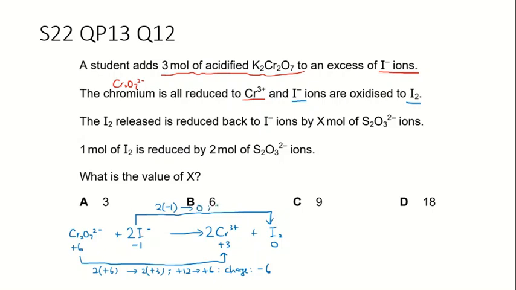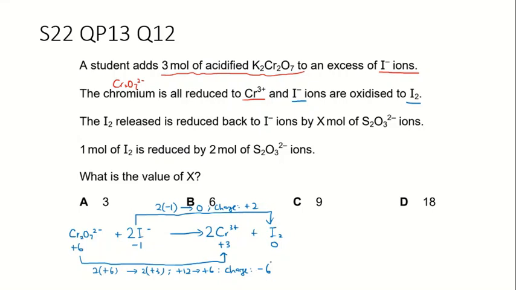So the change here will be from minus 2 becomes 0. So the change is increased by 2. That's why I put a plus 2. Now we need to balance these two numbers. Here I have a drop by 6, the other one increased by 2. It's not balanced. I need here to drop by 6, here increase by 6 also.